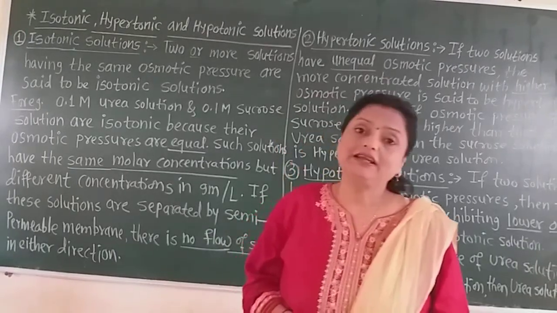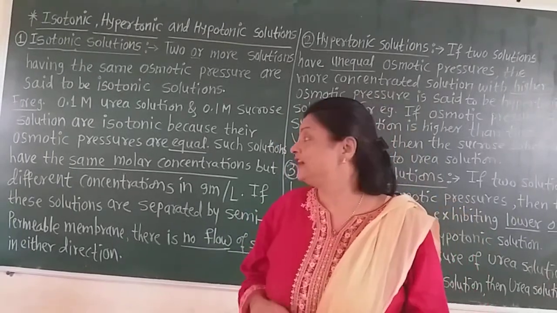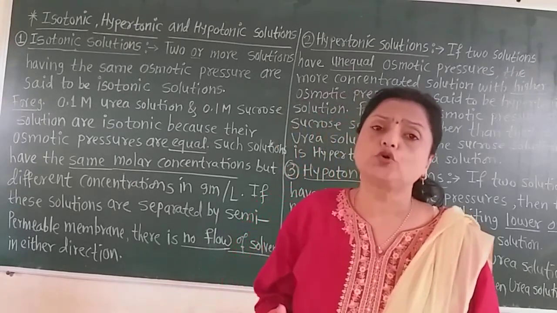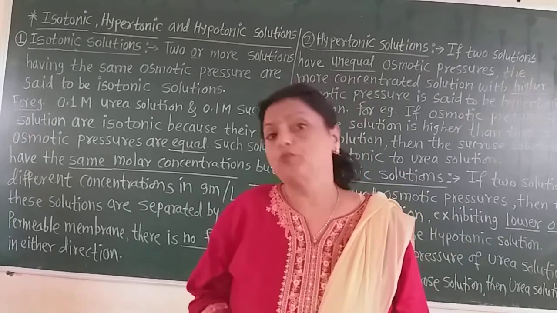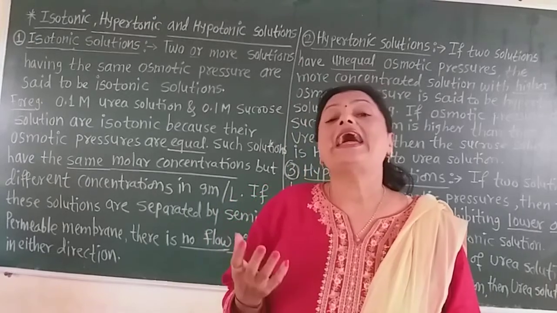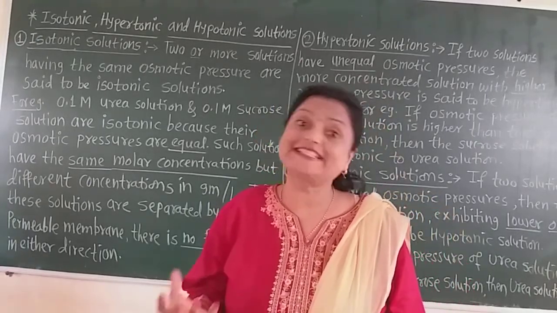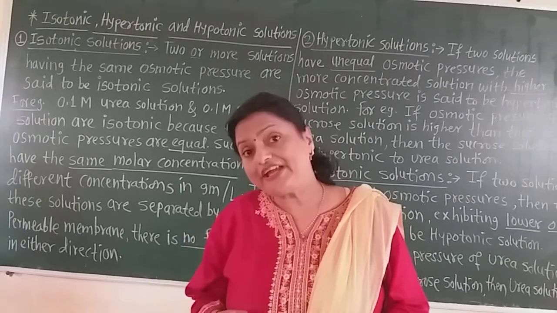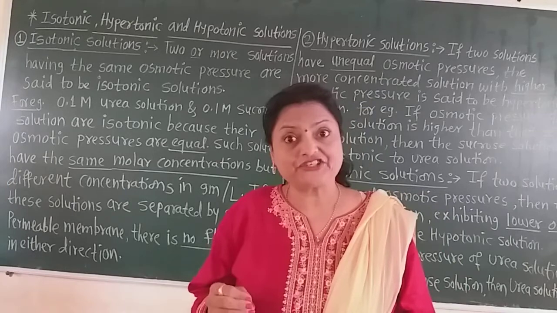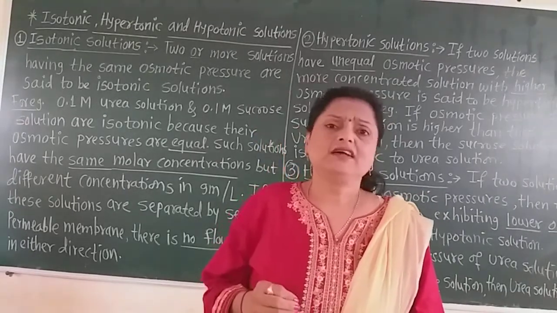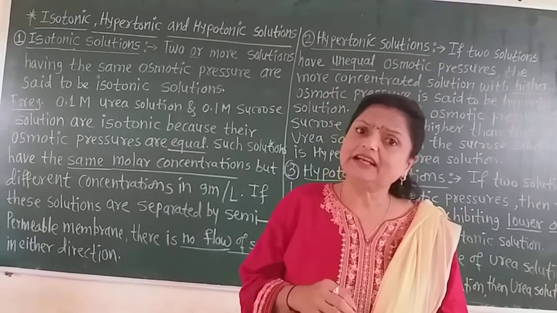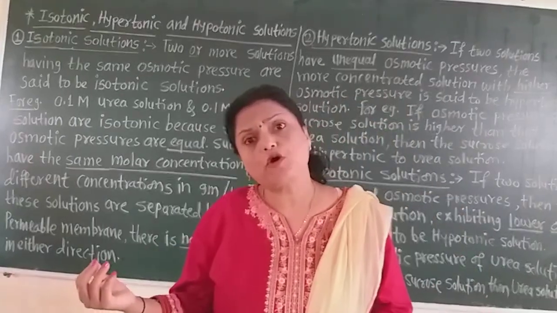For example, if you take sucrose and urea, we know that the molar masses of sucrose and urea are different. The molar mass of urea is 60 gram per mole and that of sucrose is 346 gram per mole. So if we have to prepare solutions of 1 molar concentration of both, then we must dissolve 60 gram of urea in 1 liter and 346 gram of sucrose in 1 liter.